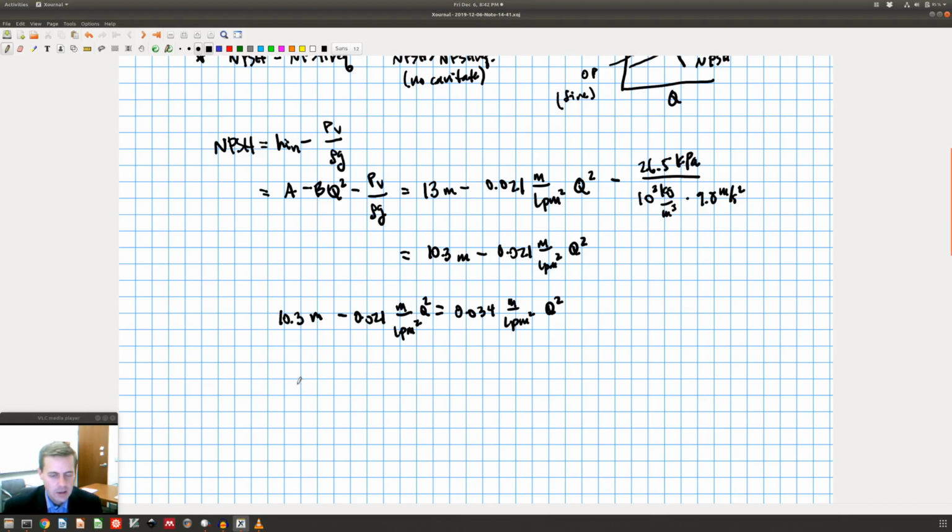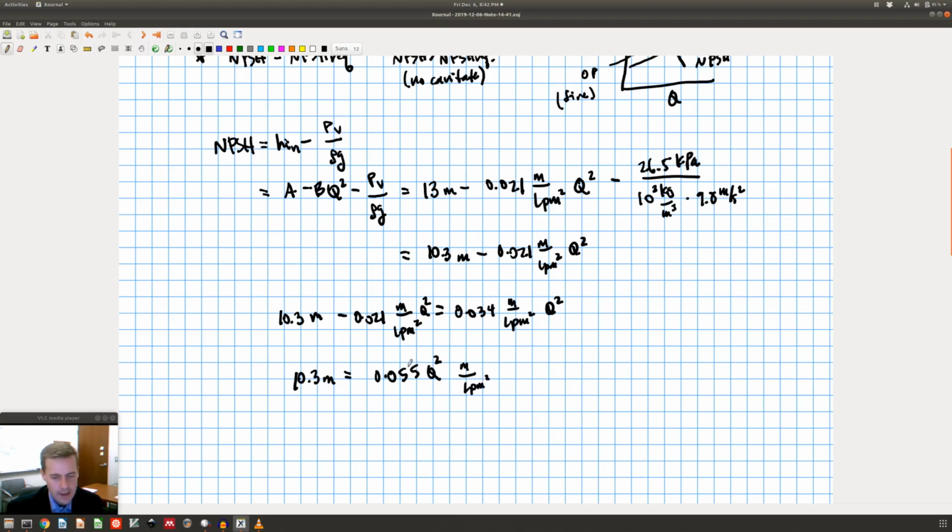So I add to both sides and I get 10.3 meters is equal to the sum of those two, which is 0.055 Q squared, with meters over liter per minute squared on that piece.